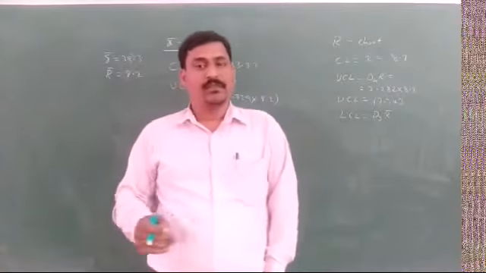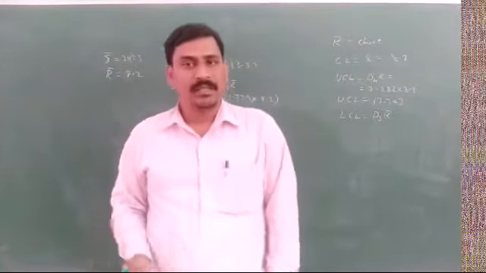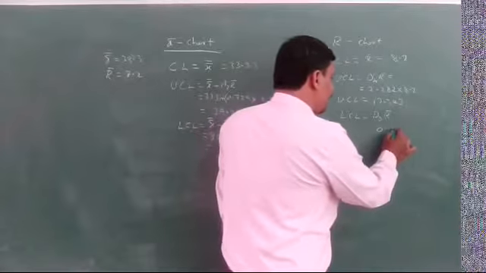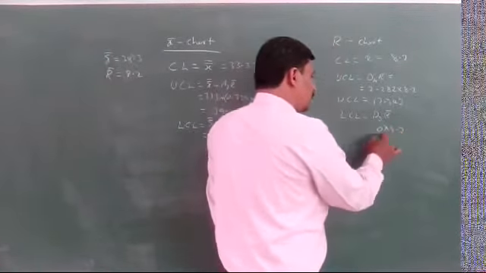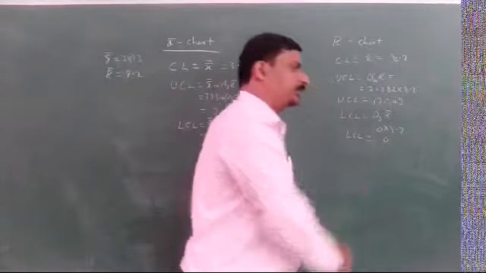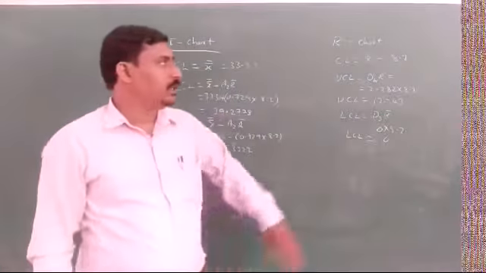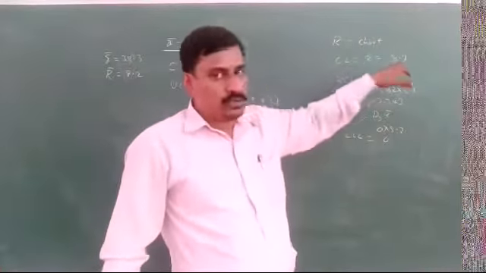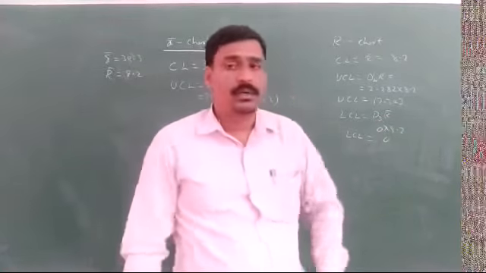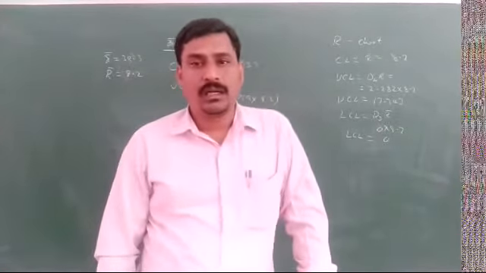Here for sample size 4 and 5, the D3 value is 0. So 0 into 8.2. So lower control limit for R chart is 0. So central line 8.2, upper control limit 17.343, and lower control limit is 0 for R chart.